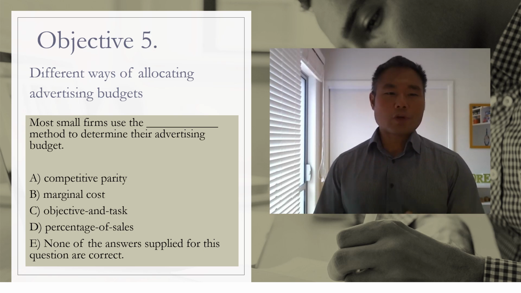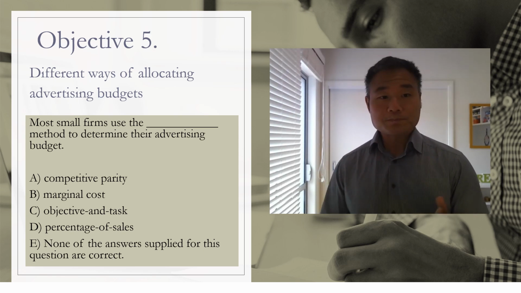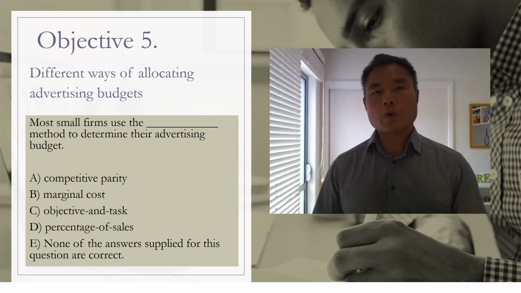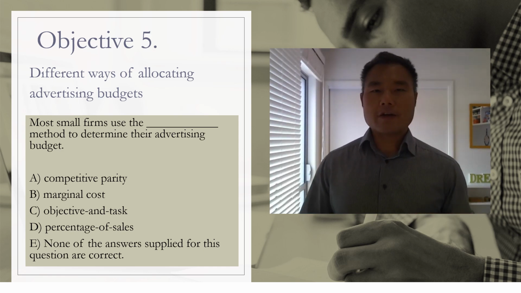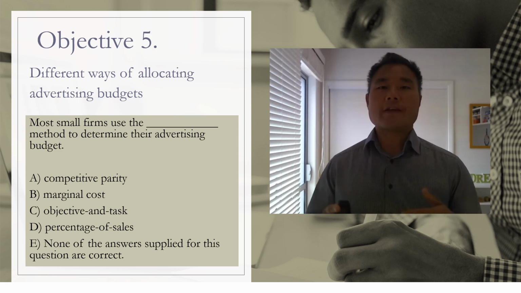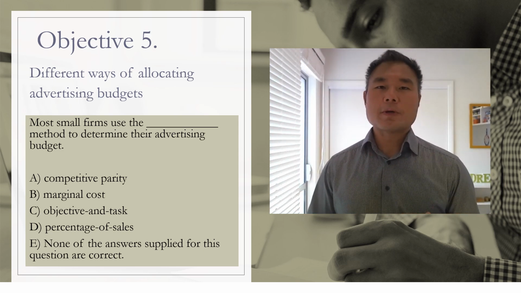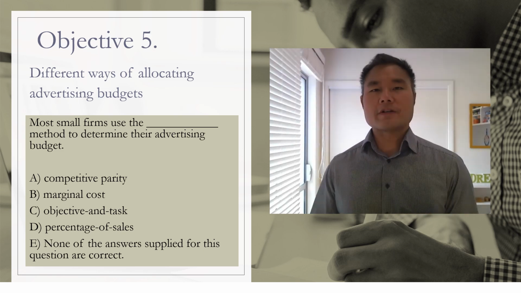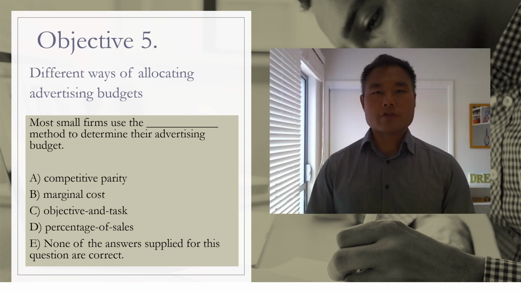Okay, so before I give you the answer, let's think about some of these options here that are available. The competitive parity method is a method where a business looks at the other competitors within its industry or its sector and then allocates the budget depending on what other people are doing. Hence, it's called the competitive parity method. So you want to be on par with what the others are doing.